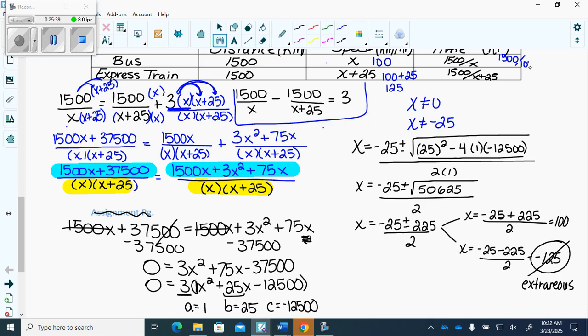I don't know why I put 125. And then this one's 1,500 divided by 125, which is 12. Does it make sense? Is the bus going 3 hours longer? Yes. So it should make sense in the end.